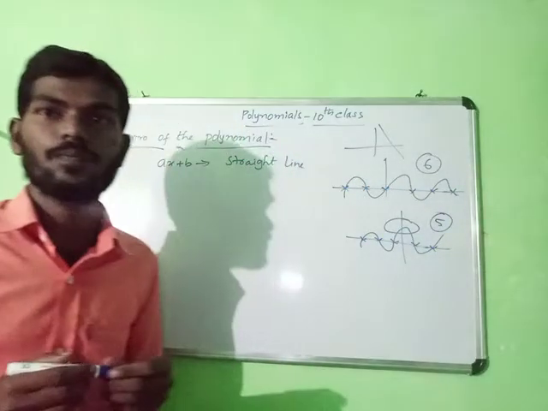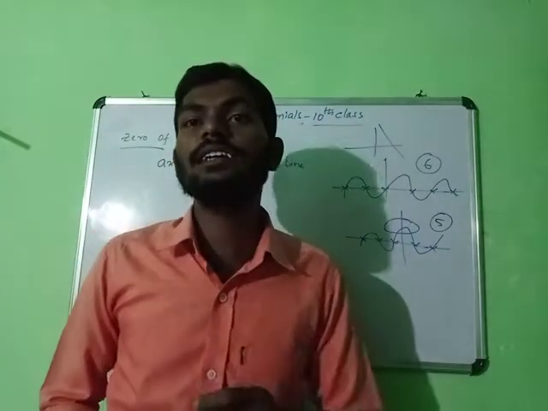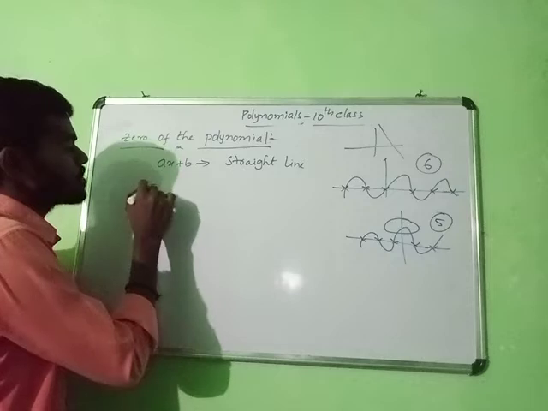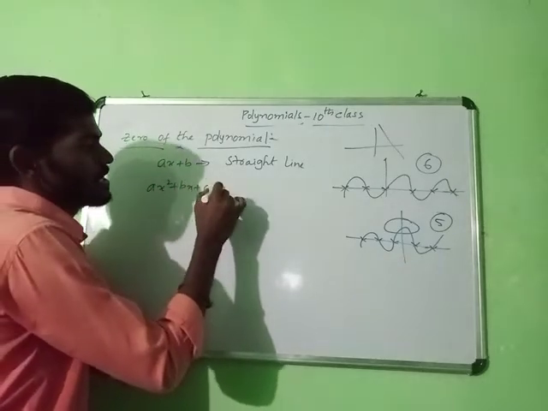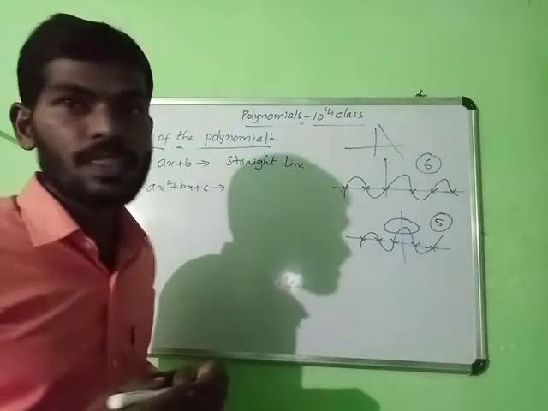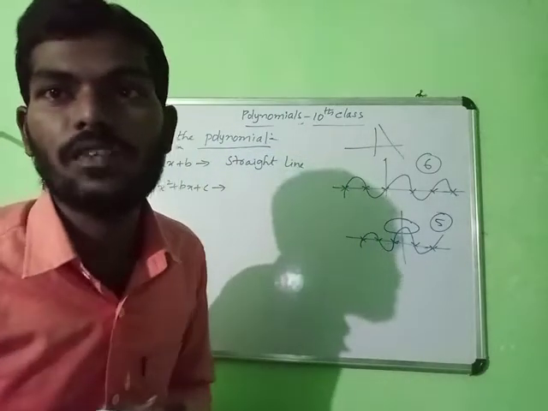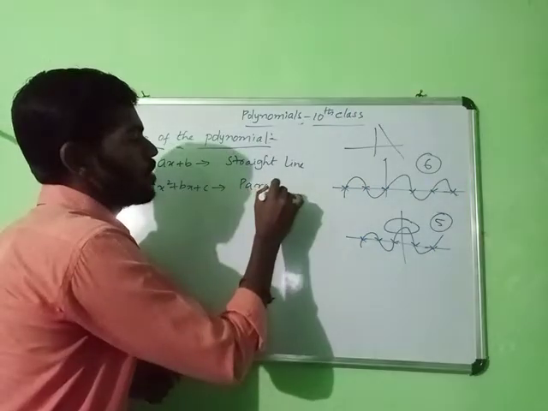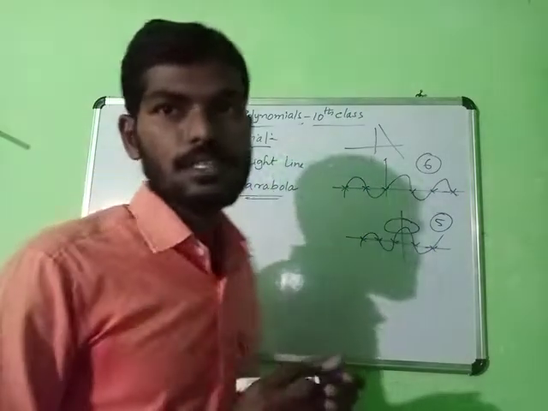The second one is ax square plus bx plus c, which is called a quadratic polynomial. It contains 2 zeros. The shape of a quadratic polynomial is a parabola.